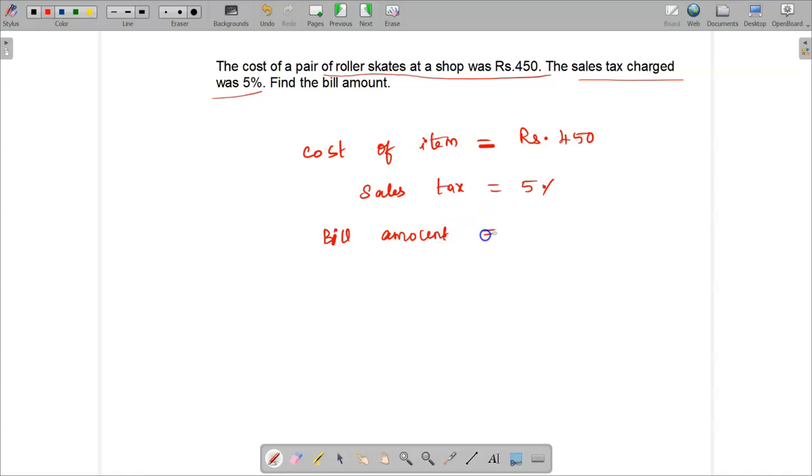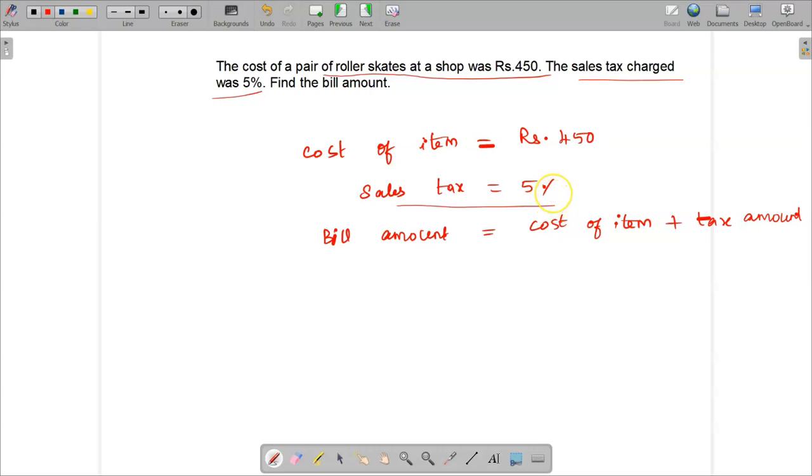Total bill amount is generally given by cost of the item plus the tax. So tax amount we have to add. Here they have given sales tax is around 5%. So we have to find out for this cost, what is 5% amount?